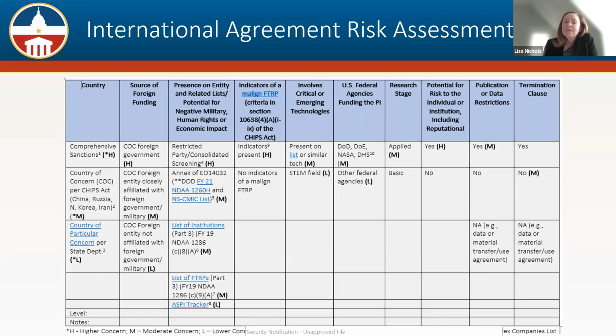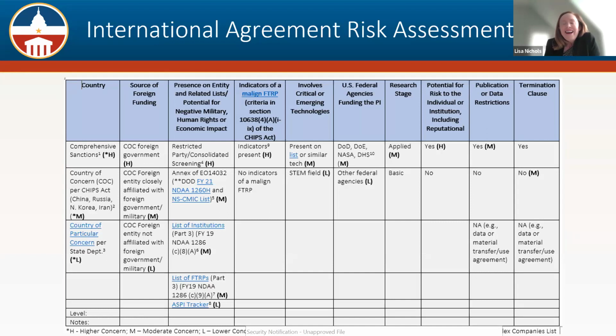And so is it present on the list that's published by the White House, the National Science and Technology Council? I believe the latest version is from February of 2022, or similar technology, or is it a STEM field? Thank you for that. It's the non-SDN Chinese Military Industrial Complex Companies list, which is a lot to say, even if you can see it in front of you.